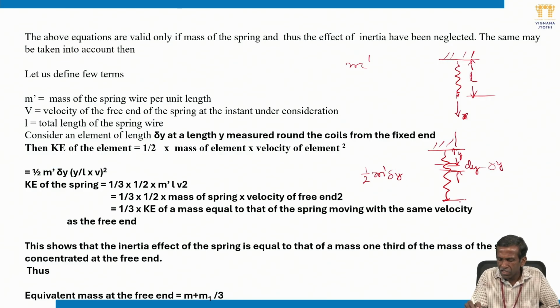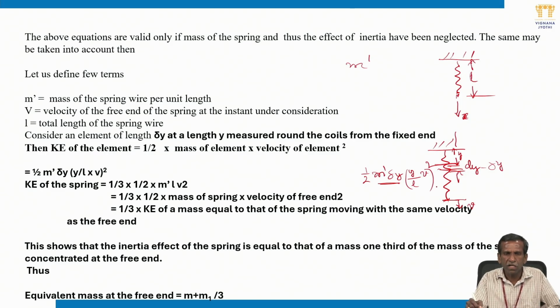The velocity at the free end is v for the entire length L, but for this element at distance y, the velocity is y by L into v. So the kinetic energy is half m dash dy times y by L into v whole square. This is the mass quantity, and this is the velocity of the element at a distance of y.